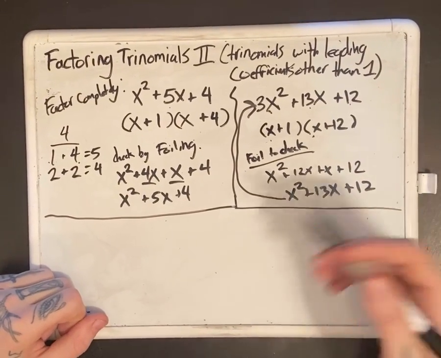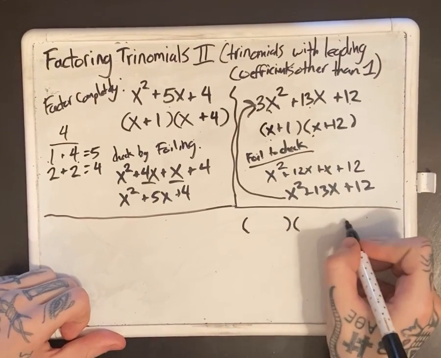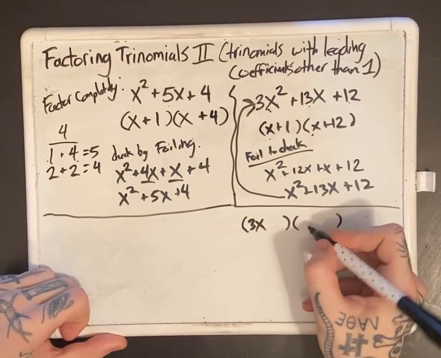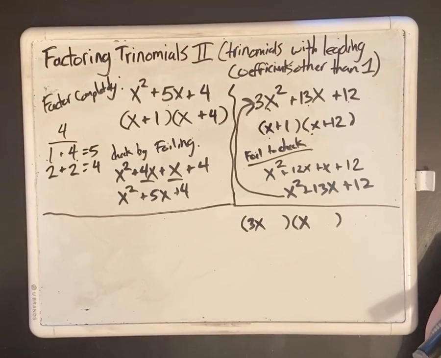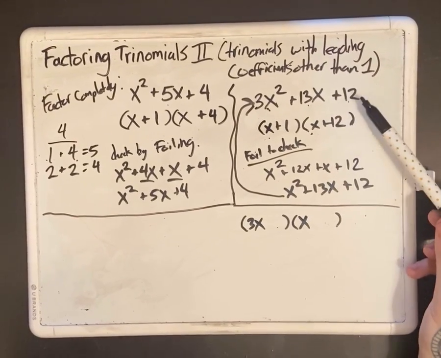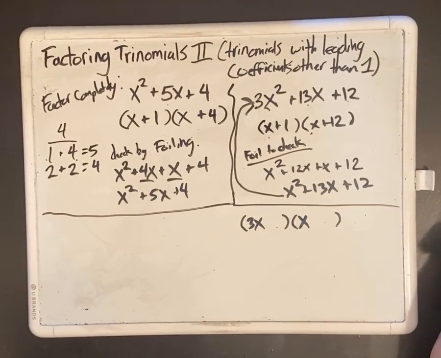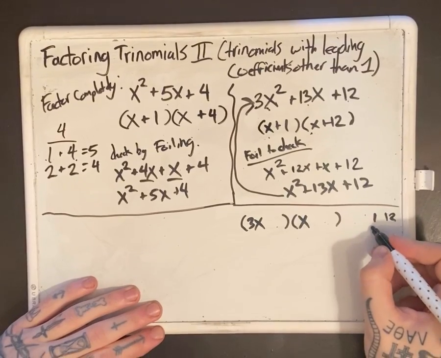The factors of 3 are only 1 and 3, so we can safely assume that we're going to have 3x and x in our first terms. Now, the last two numbers still have to multiply to 12, because that's always going to be the last step of FOIL. So we're still looking for either these numbers.